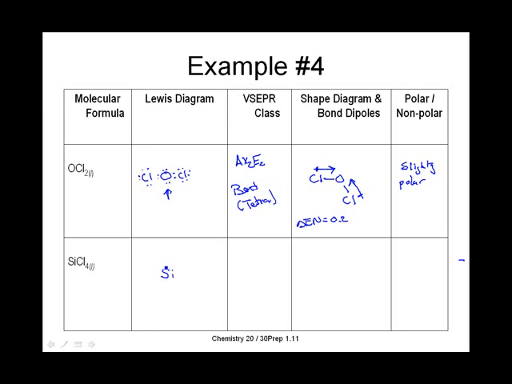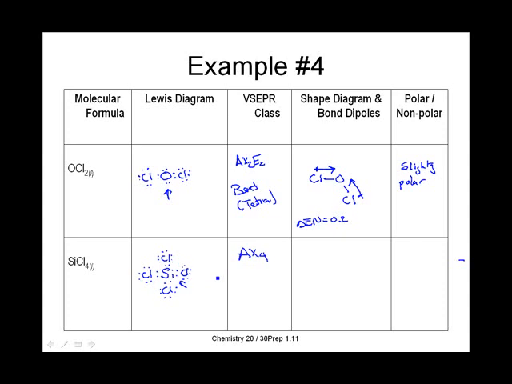SiCl4 is going to have a silicon center and chlorines around the outside, and each of those chlorines is going to have its 8 valence electrons. Its VSEPR class is going to be AX4.